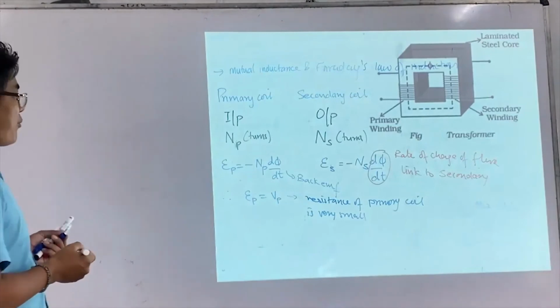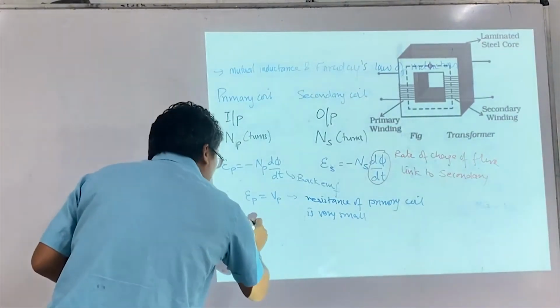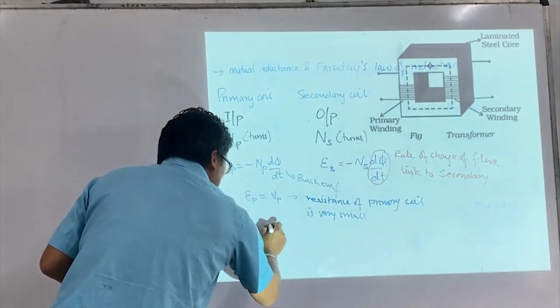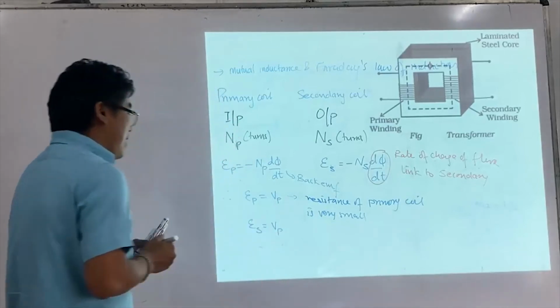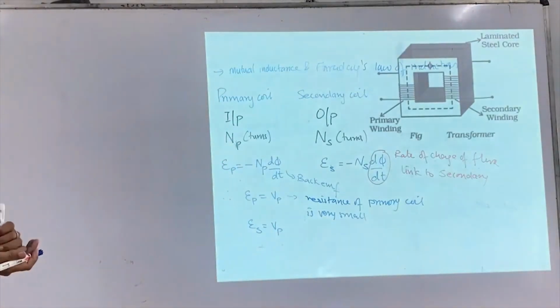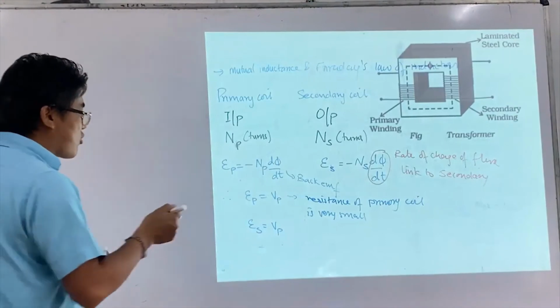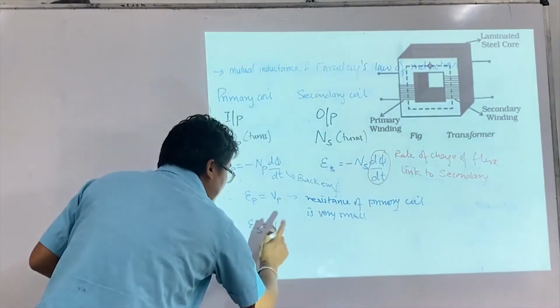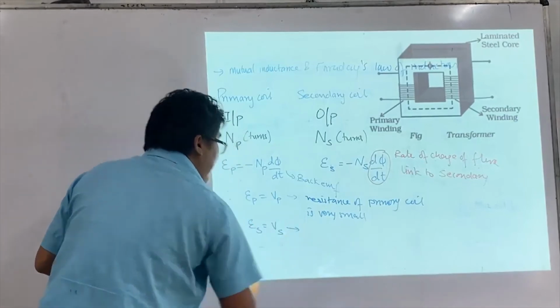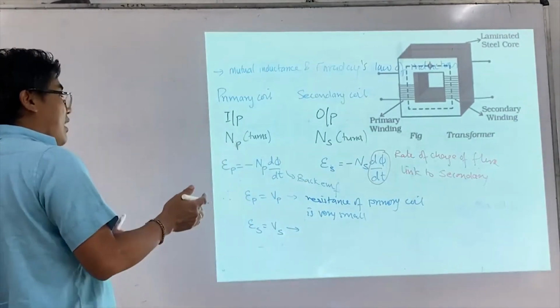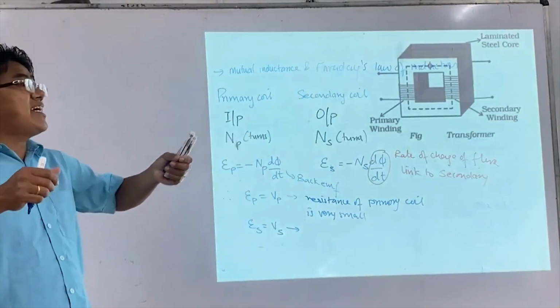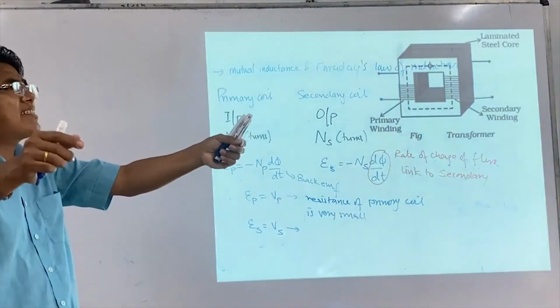And then one more approximation I would like to make is ES is equal to Vs. The EMF across the secondary coil is equal to the voltage across the secondary coil, given the fact that the secondary coil is connected to a very high resistance.